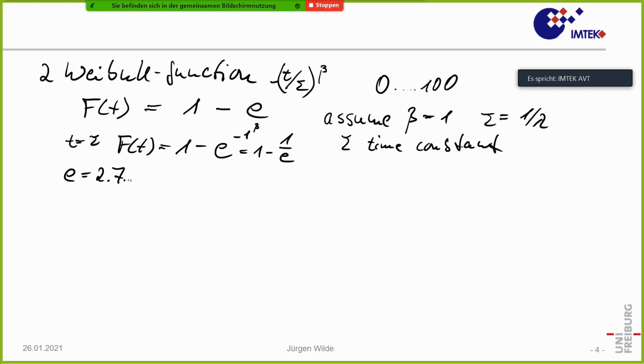E is 2.7, 1 divided by e is something like 0.36, and in that way 1 minus 1 divided by e is something like 0.63 and somewhat. So that means in that way we can see the time constant is the time when we had a change of 63% from 0 failures to total failure.